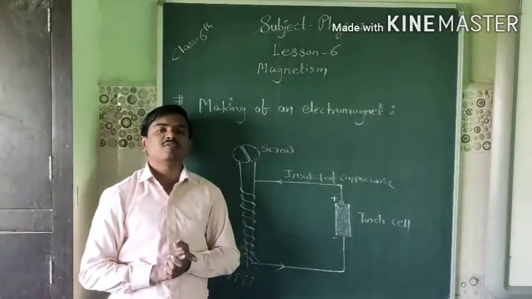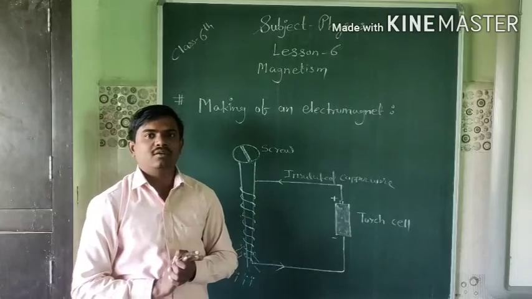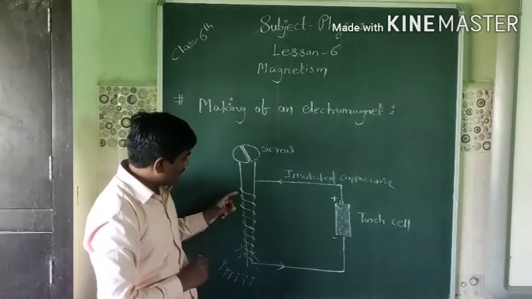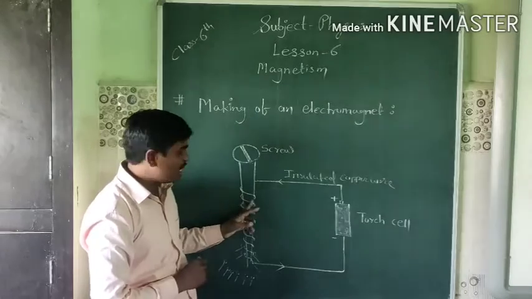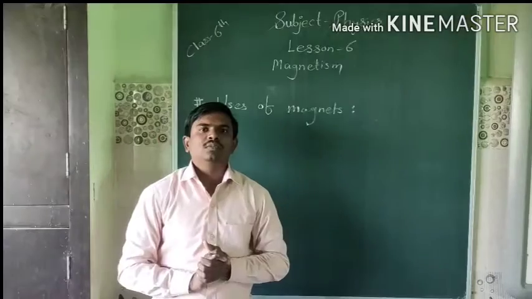So students, we can make an electromagnet when the current is passed through these coils, and the more turns there are, the stronger the electromagnet will become.